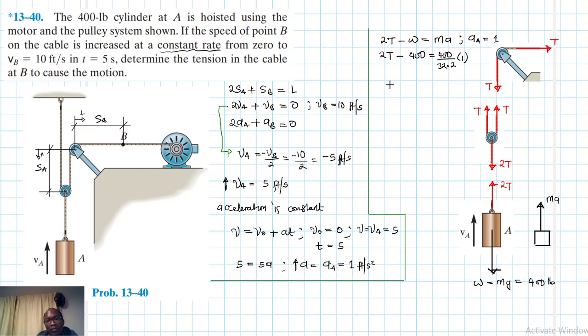Alright, therefore our T is just going to be equal to 400 divided by 32.2 times 1, then plus 400, which is the weight, then divided by 2. So we have T equal to 206.21 pounds.